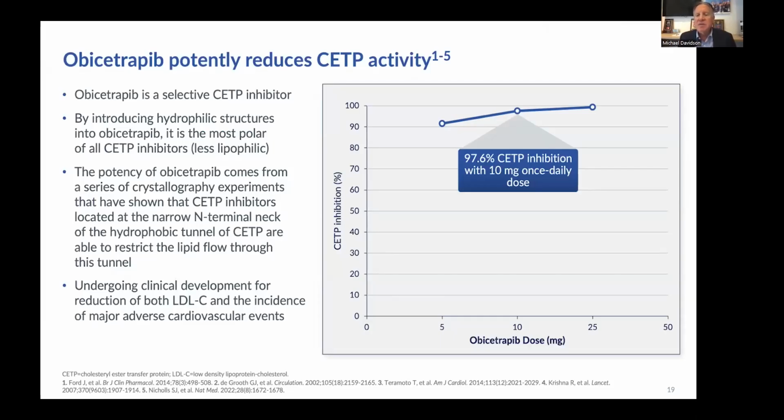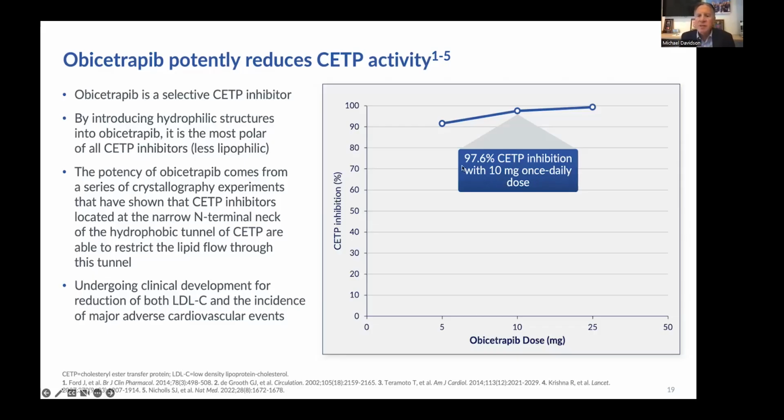Now, why is obicetrapib better? Primarily, it's a very, very potent CETP inhibitor. HDL raising was obviously a thought, but it was developed purely as the most potent CETP inhibitor. Other CETP inhibitors reduce CETP activity in the 40% range for dalcetrapib to maybe 80% for anacetrapib or evacetrapib, while this inhibits CETP by 97.6% at only a 10 milligram dose.